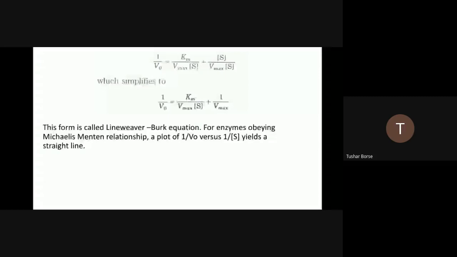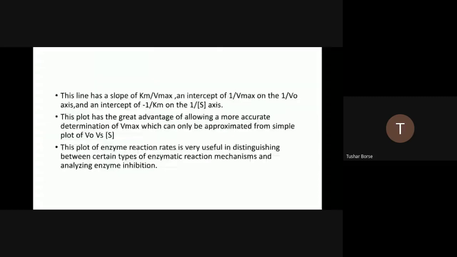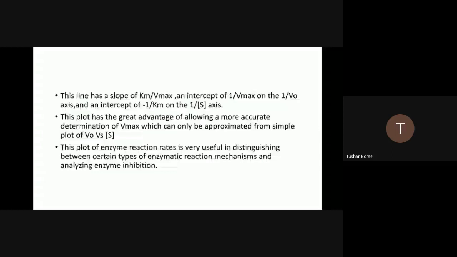So it said that considering y is equal to mx, the slope is Km upon Vmax, and an intercept of 1 upon Vmax on the y axis, that is the 1 upon v0 axis, and an intercept of minus 1 upon Km on the x-axis, that is the 1 upon s-axis.